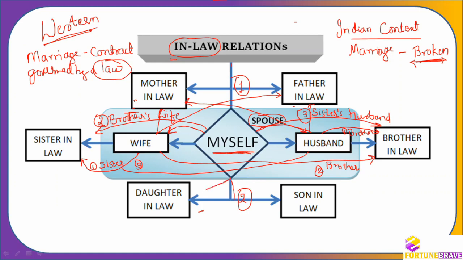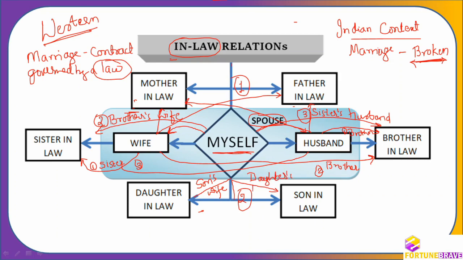Who is daughter-in-law? Daughter-in-law is my son's wife. This is because my son will marry somebody according to law, so she will become my daughter-in-law. And son-in-law is my daughter's husband.